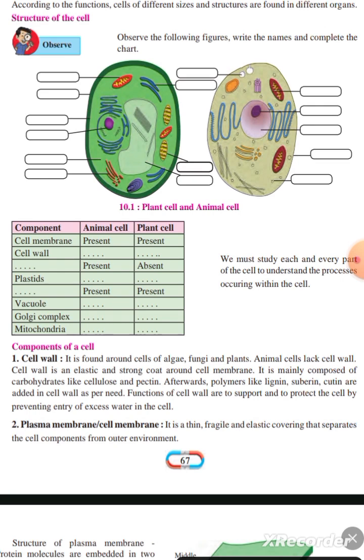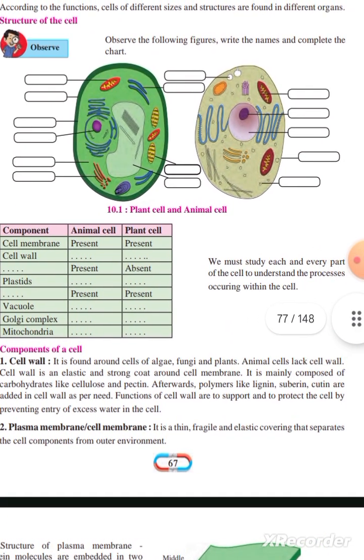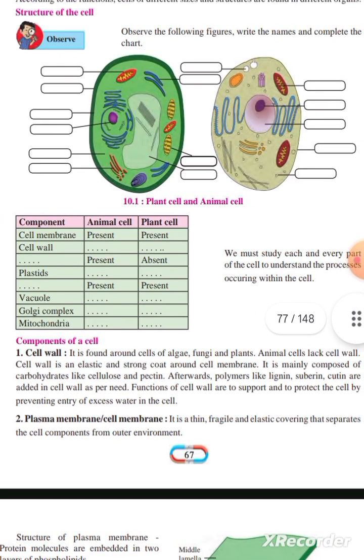In animal cell, cell wall is not there. Cell wall is like an elastic and strong coat around the cell membrane. Cell membrane means plasma membrane. Plasma membrane and cell membrane are the same. Don't think there are any differences between plasma membrane and cell membrane. Animal cell lacks a cell wall. It is present only in plant cells, and it is found around the cells of algae, fungi, and plants.